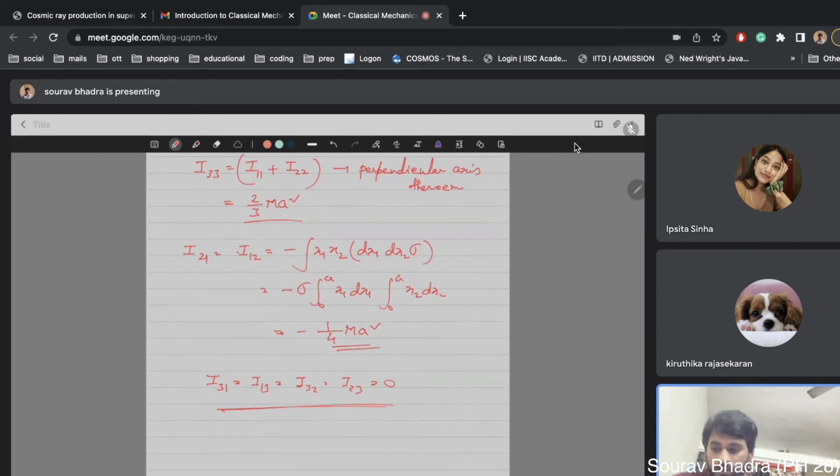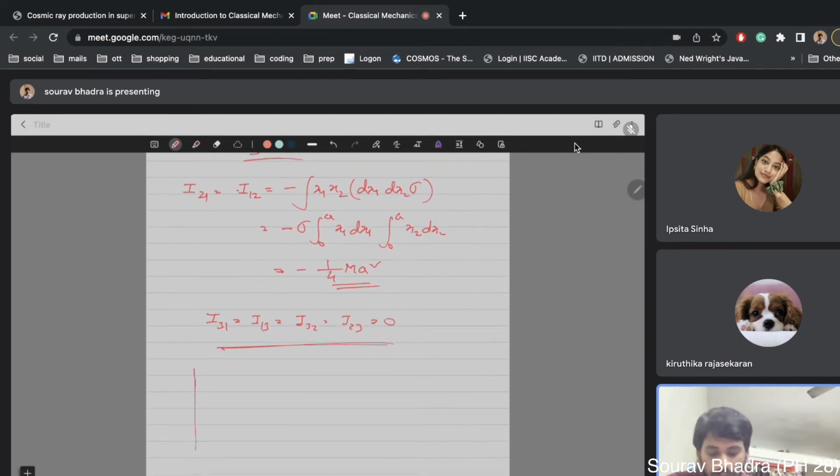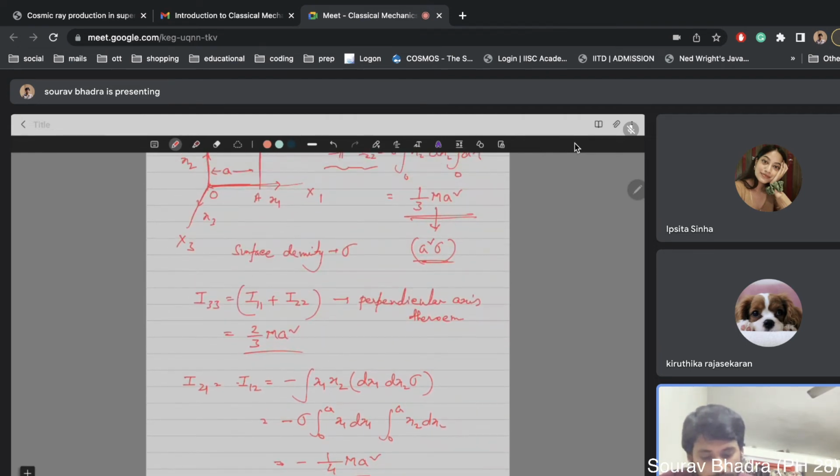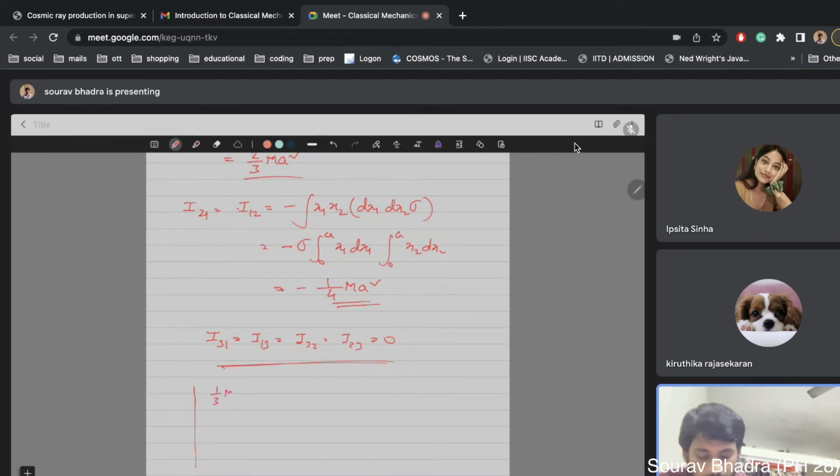Okay, so now let us write it in the determinant form. I11 was 1/3 m square, so 1/3 m square minus I. Then I22 was also 1/3 m square minus I, and I33, I mean 1, 2, 3 I am using for x, y and z, so 2/3 m square minus I, and all the cross terms which are non-zero, this one only, and all other terms are 0.